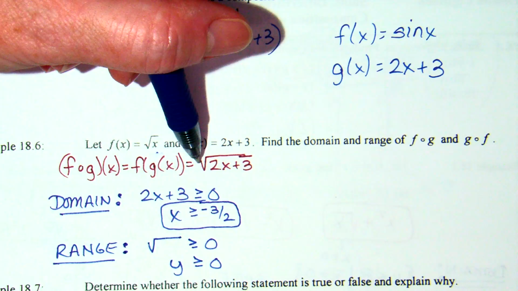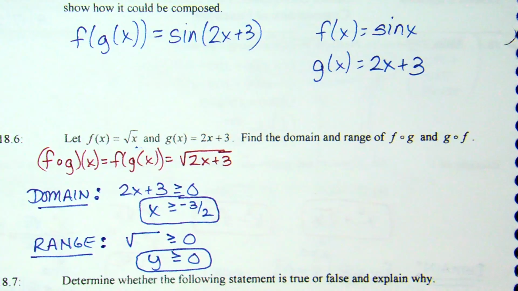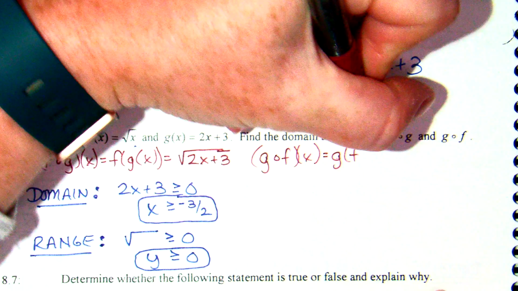Okay, Goff? Goff is g of f of x. What does g of f of x look like? Okay, 2 square root of x plus 3.